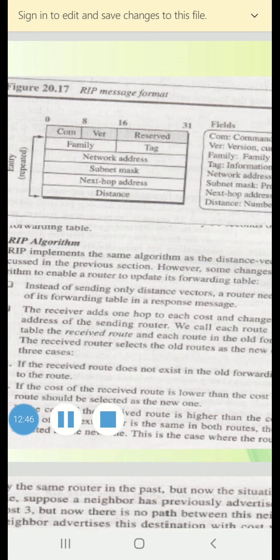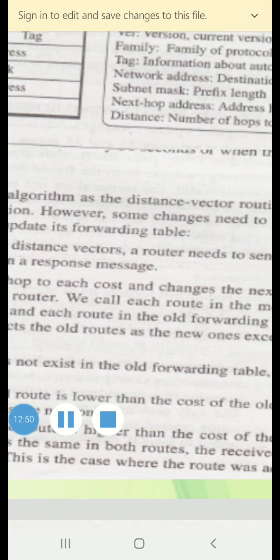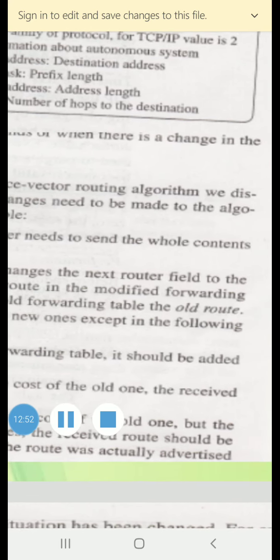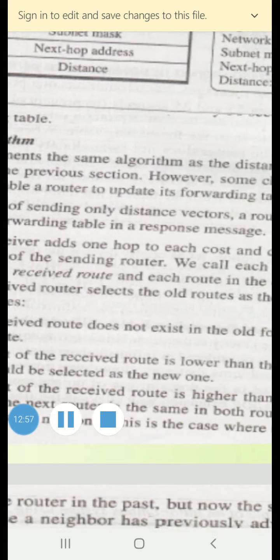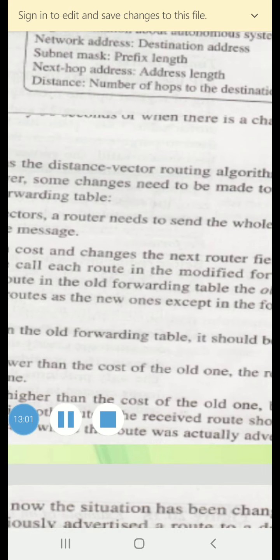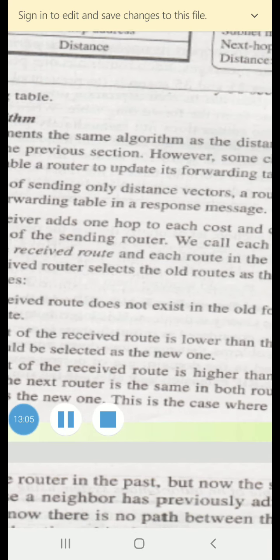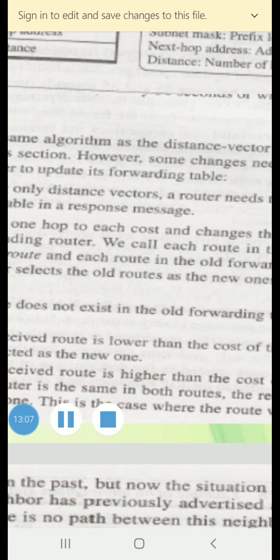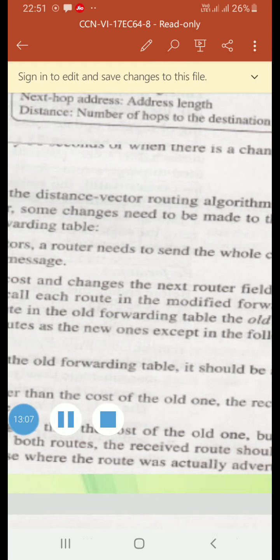Second, the receiver adds one hop to each count and changes the next router field to the address of the sending router. We call each route in the modified forwarding table the received route and each route in the old forwarding table the old route.